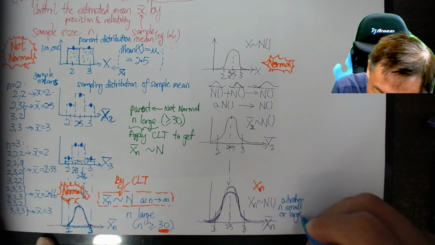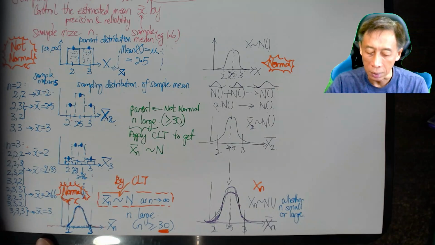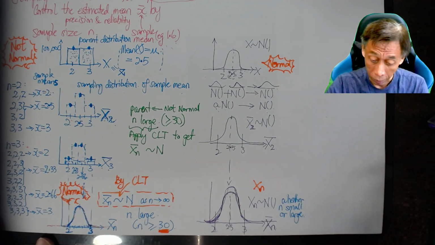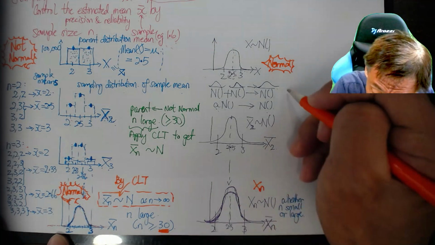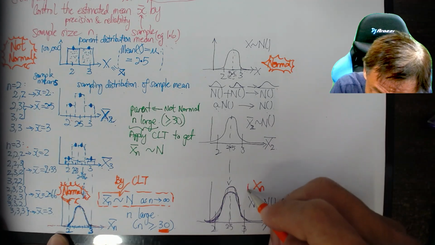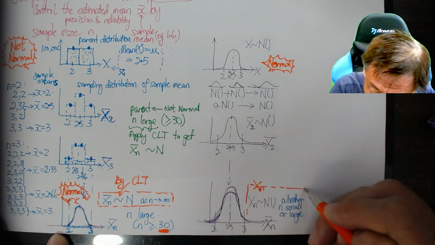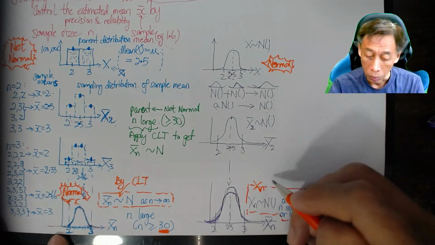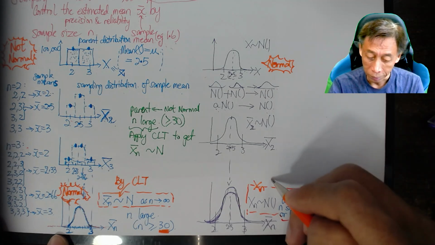That means it's very robust. It doesn't matter whether n is small or large, whether you do a lot of hard work or not. Okay, so automatically.